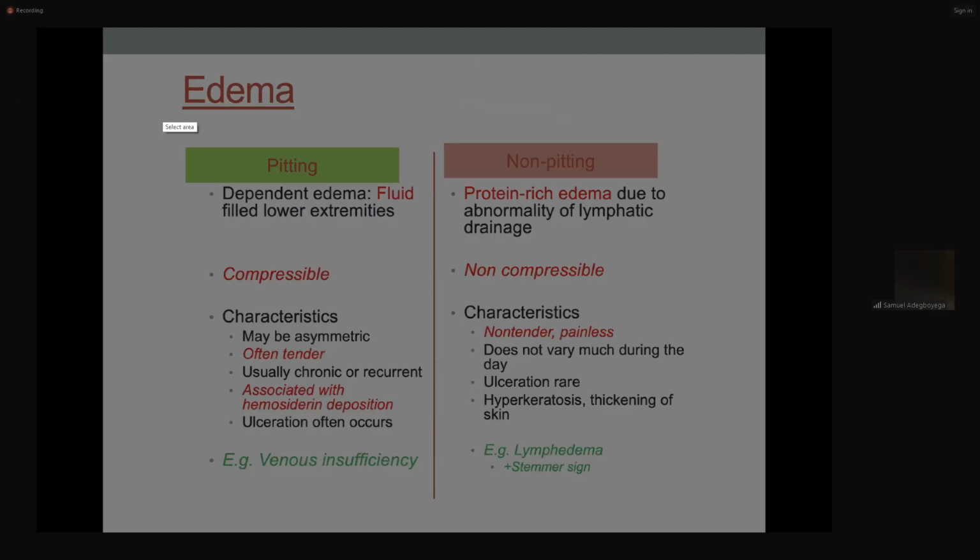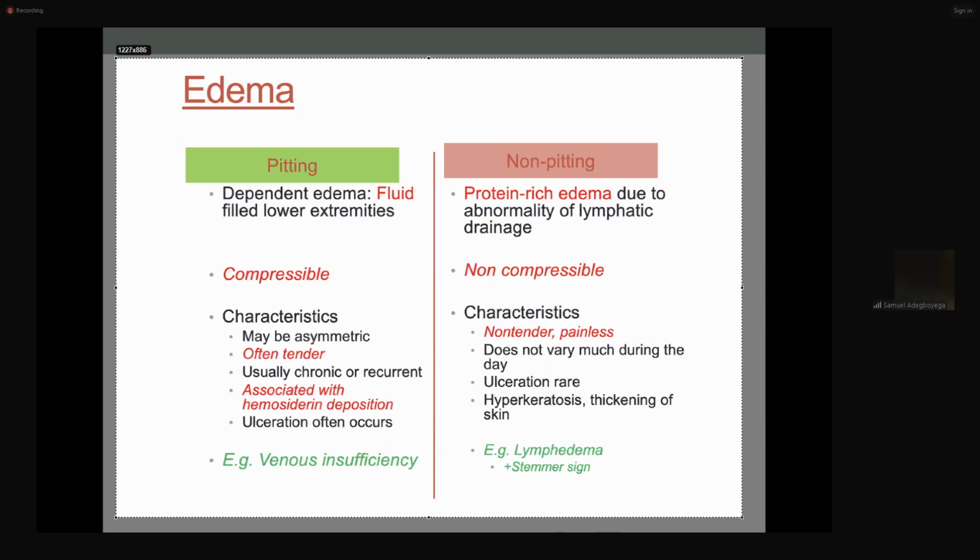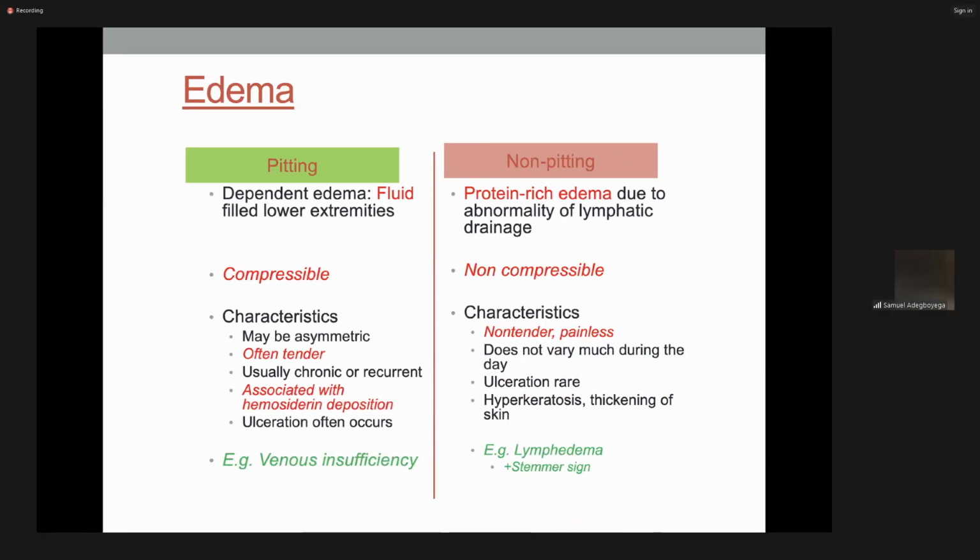Okay, Stemmer sign. True or false? A patient with lipedema, not lymphedema, lipedema, true or false, they will have positive Stemmer sign. True. False. Who said true?